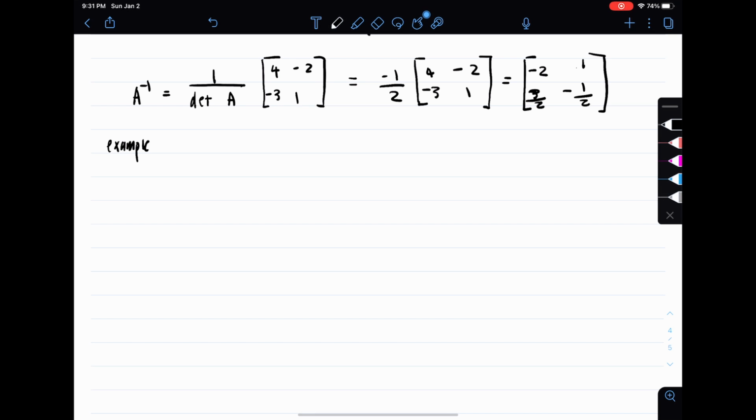And now let's consider a different type of example where we're trying to find the solution to a linear system using the inverse of the coefficient matrix.